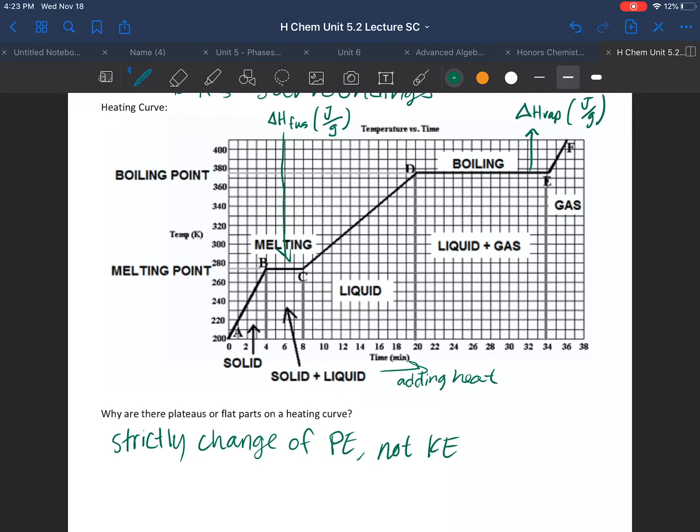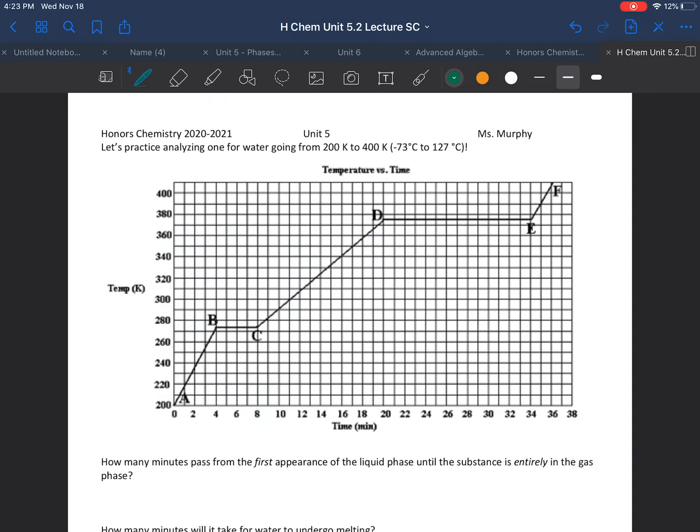And so what I want you guys to do now is practice analyzing a heat curve for water. We have it going from 200 Kelvin to 400 Kelvin, which is the same as negative 73 degrees Celsius to 127 degrees Celsius. Just a reminder, if you're not familiar with this relationship, Kelvin is equal to degrees Celsius plus 273. That's how I got those numbers there.